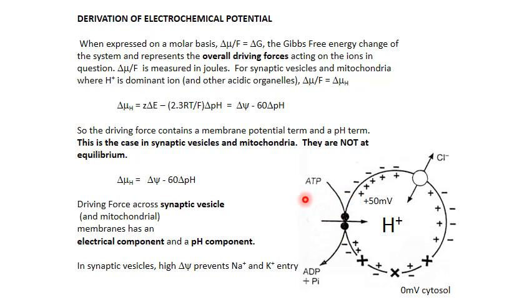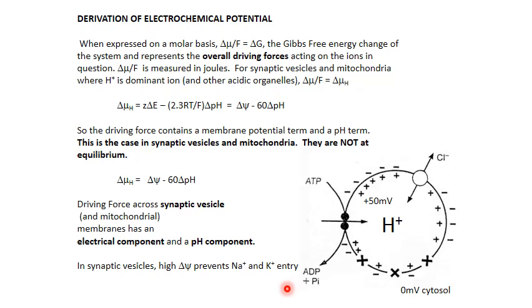The high intravesicular hydrogen ion concentration accompanies a positive intravesicular electrical potential relative to the cytosol. So here we're assuming the cytosol is, quote, 0, and the inside of the vesicle is 50 millivolts higher than the cytosol.